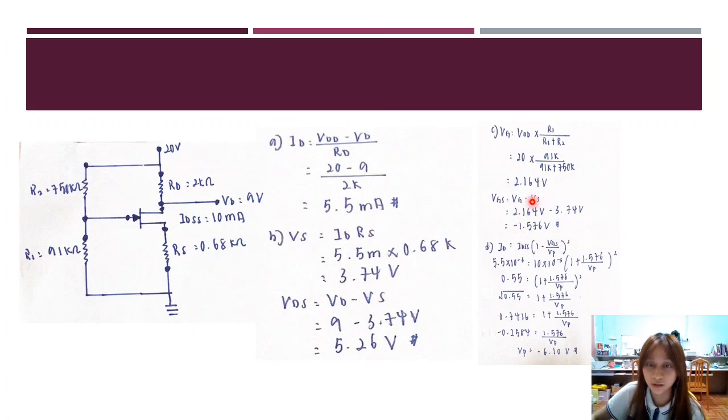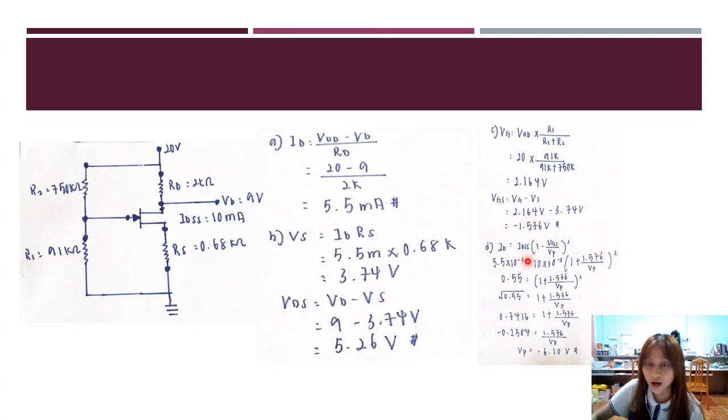Next, we can easily get the VGS because we have the VG and VS already. We just insert the value of VG and VS, minus VS 3.74 volt, and we will get negative 1.576 volt.